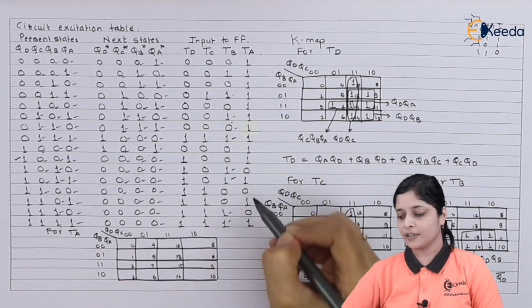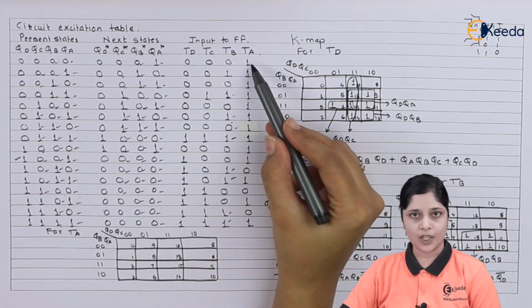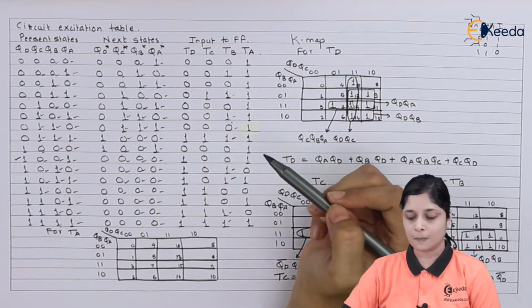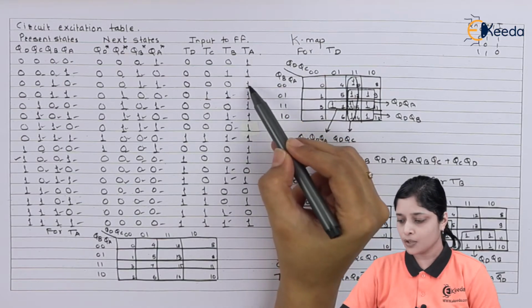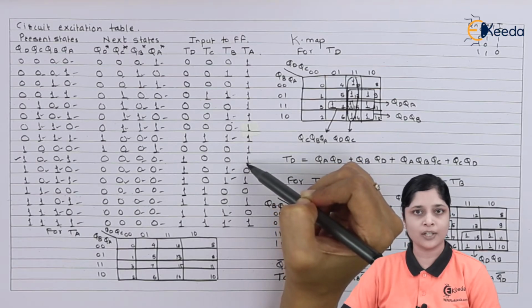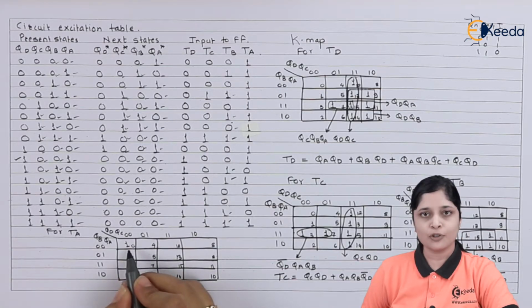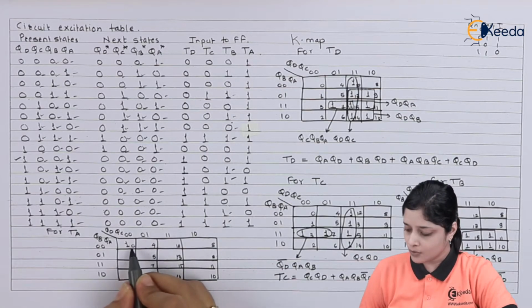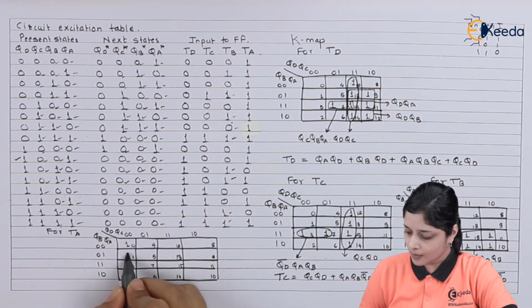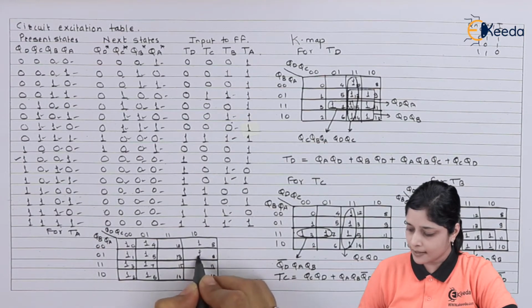After that you have to make entries of logic 1 inside the boxes. So we will make entries of logic 1 and we will ignore logic 0. So let's start with 0 1 2 3 4 5 6 7 8 and 9. Up to 9 you have to write logic 1. So we will start with what? Entering logic 1. So 0 for 1, again 1 2 3 4 5 6 7 8 and 9.